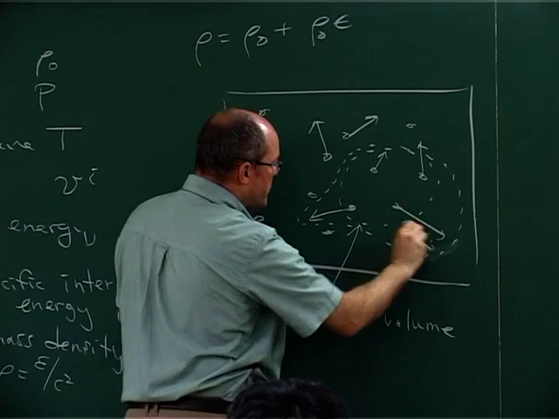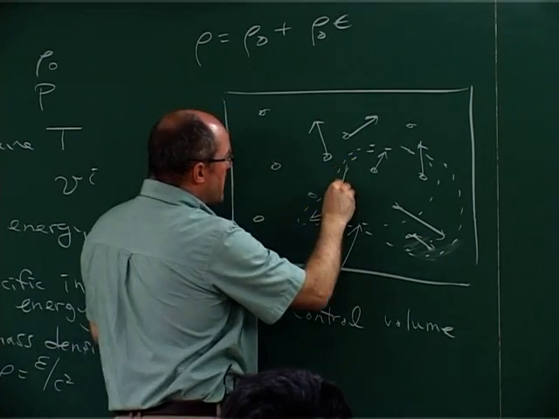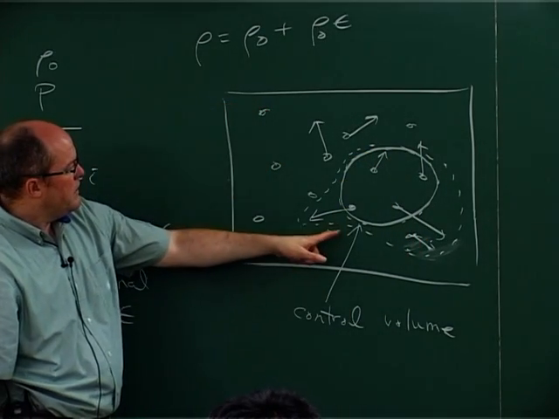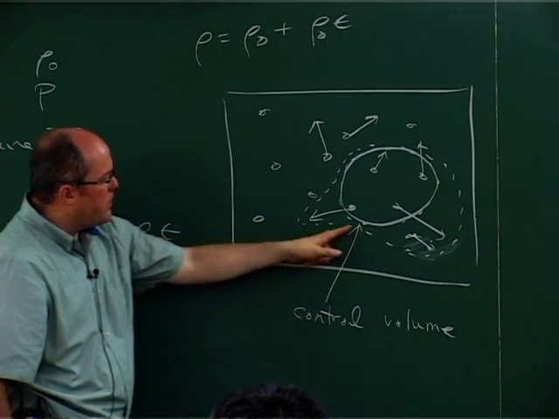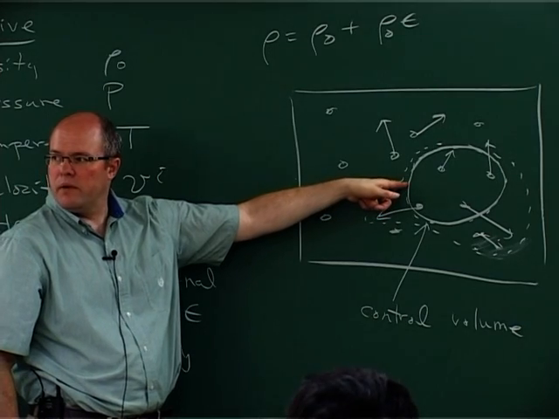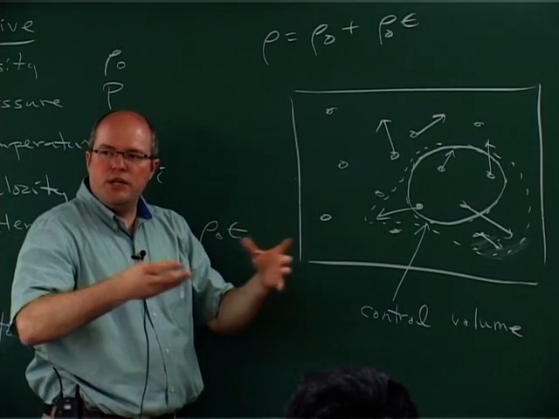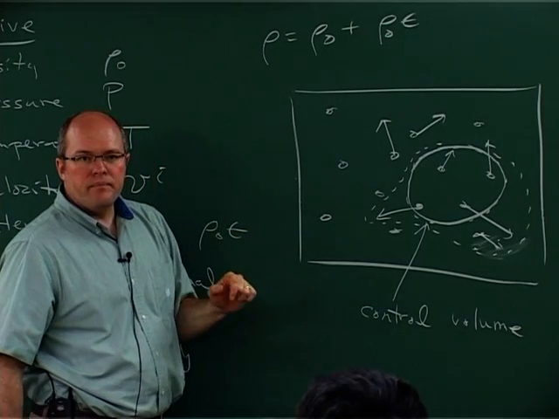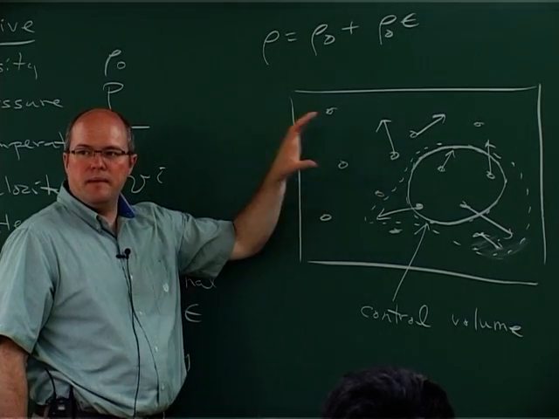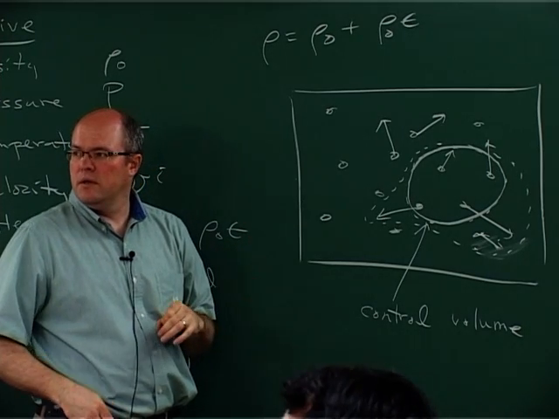How about that? He goes inward. So I have an original volume here. I'll maybe draw that with a solid line. And then if I track the particles like this, then this is my new volume at a slightly later time. So I'm basically following the particles around. My volume is changing with the particles. So you're conserving the number of particles in the volume? That's right. So the number of particles in the volume is the same. The volume is changing in size and moving around with the particles.